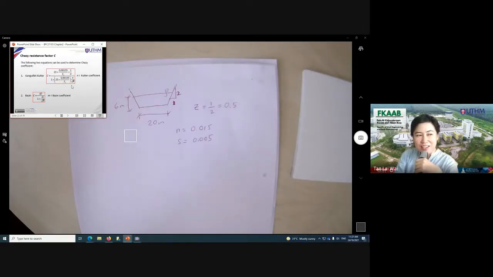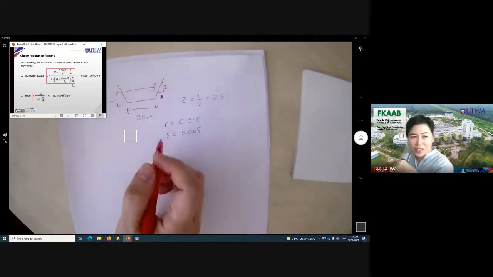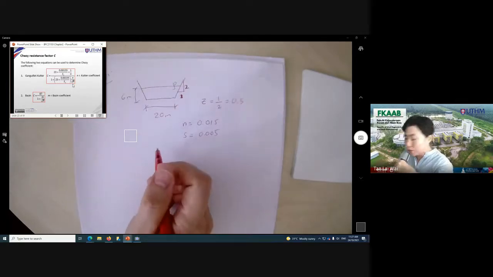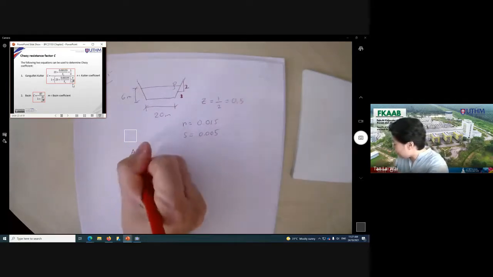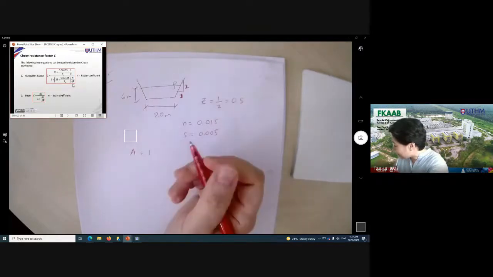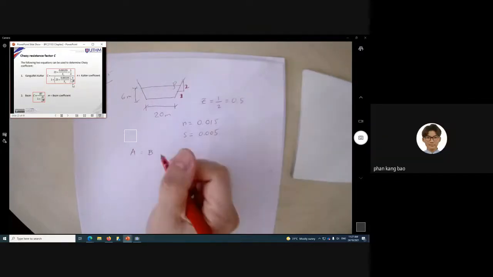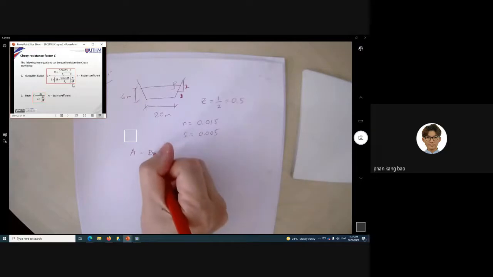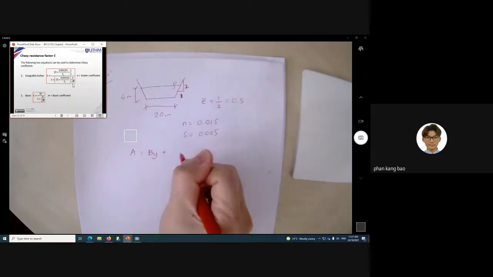Of course, we also need the hydraulic radius for our velocity calculation. So the next step would be this. Could you give me the formula, please? The formula of area of trapezoidal is by plus zy squared.